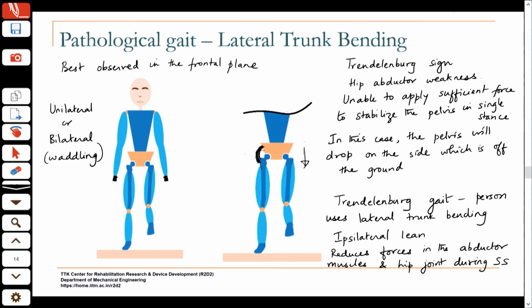So, we first saw the case of lateral trunk bending, which is when you have weak hip abductors, and so you lean on the side. The hip abductors play a crucial role when that particular leg is on single stance, to prevent the rest of the body from falling on the swing side.